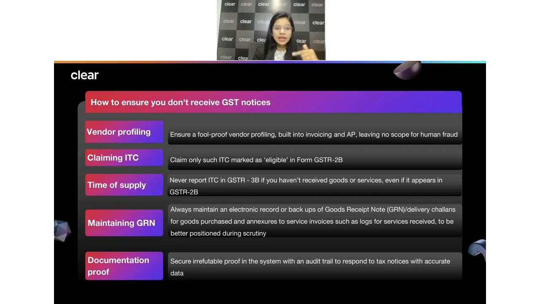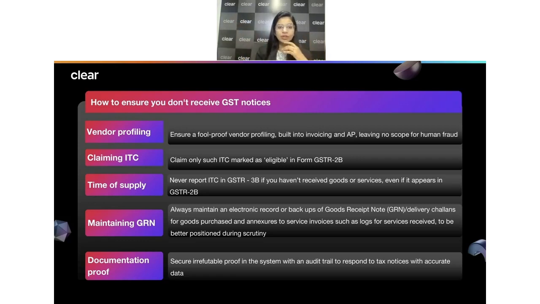What about the second month? In the second month, finally you have received the goods. And now when I try to file my GSTR-3B for the month of May, obviously this ITC will not be there in my GSTR-2B.